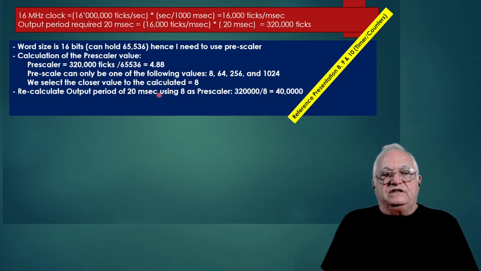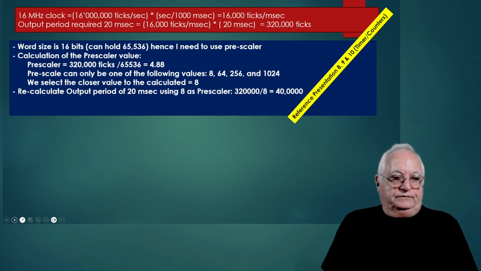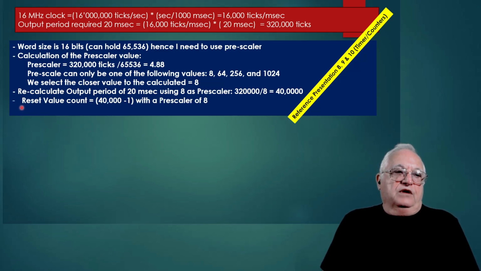So 20 milliseconds using 8 as a prescaler is going to be 320,000 divided by 8, which gives us 40,000 ticks. So in resume, the value at which we need to reset the count would be the 20 milliseconds equivalent ticks, which is 40,000 minus 1. And the reason I have to subtract 1 is because we start counting from 0. And this is with a prescaler of 8.